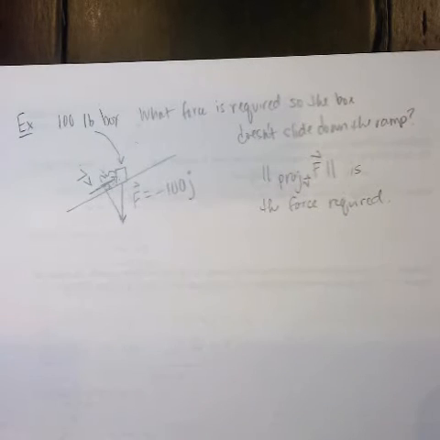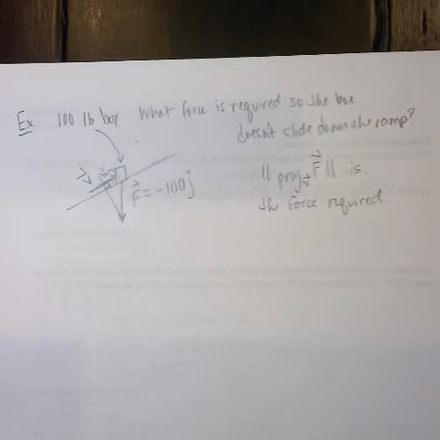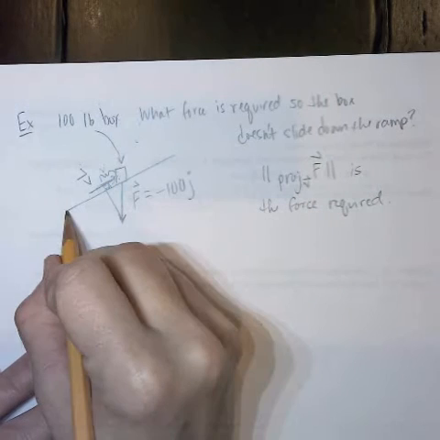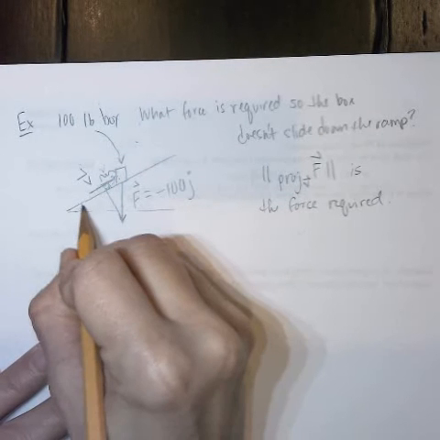So to get the answer, of course we don't have a V given, right? We can just create V using the angle of the incline. So let's just say, from the horizontal, maybe this is 20 degrees.